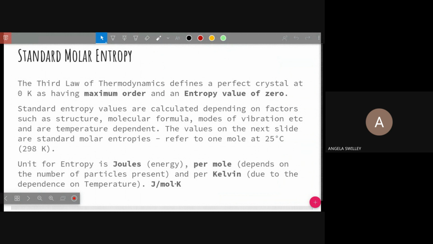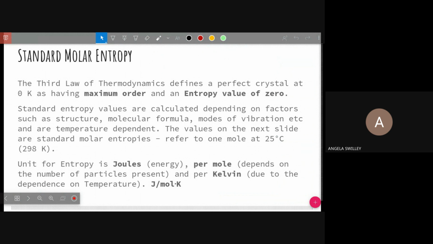The third law of thermodynamics defines a perfect crystal at 0 Kelvin as having maximum order and an entropy value of 0. Standard entropy values are calculated depending on factors such as structure, molecular formula, modes of vibration, etc., and they are temperature dependent. The values on the next slide are standard molar entropies and refer to 1 mole at 25 degrees Celsius, which is 298 Kelvin.